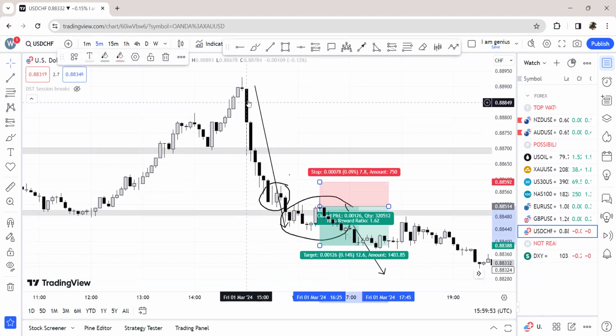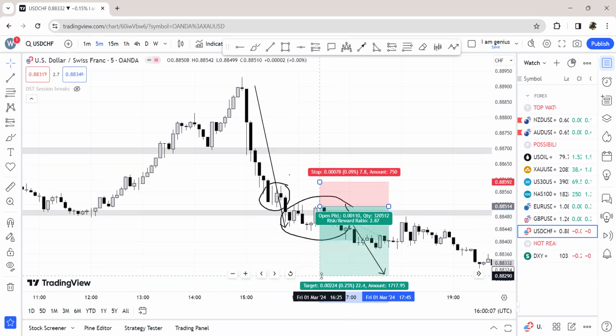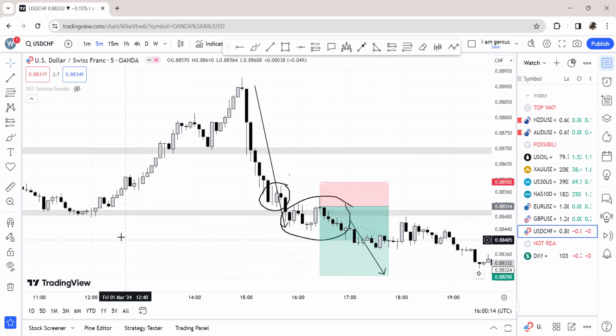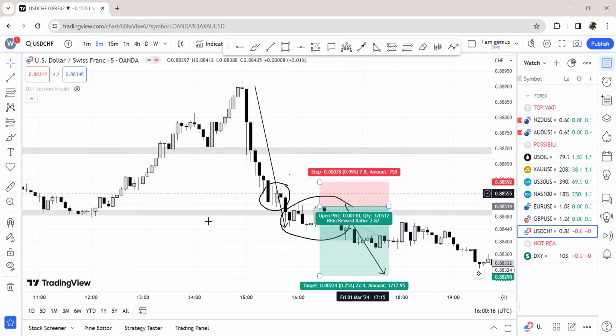Because of these strong bearish candles that followed each other here. Hence, you know that it's unlikely that the market will push back all the way up, passing these wicks to stop you out as it goes to the downside. So there you go. You make your money like that.